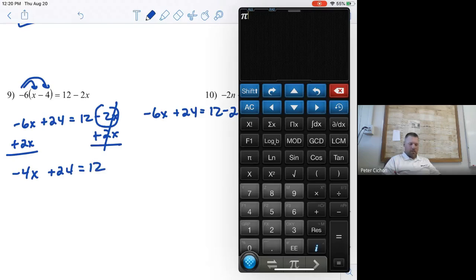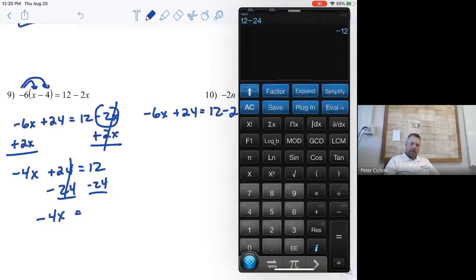Negative 4x plus 24 equals 12. All right, subtract 24. Negative 4x equals 12 minus 24, negative 12. All right, divide by negative 4.